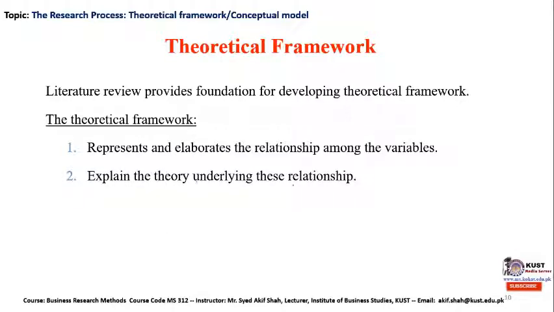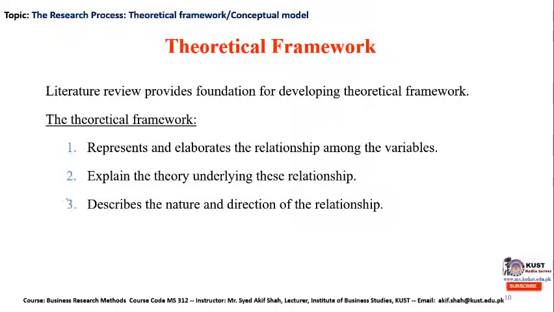It explains the theory underlying these relationships. Like in the literature review, you might have studied different theories and identified the important independent variables which can lead towards the air safety violations. Third, it describes the nature and direction of the relationship, like three of the independent variables had a negative relationship with the dependent variable, while only deregulation in our case had a positive relationship with the air safety violation.